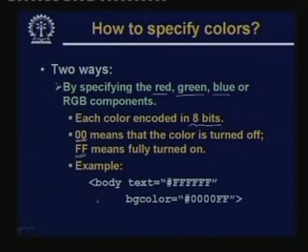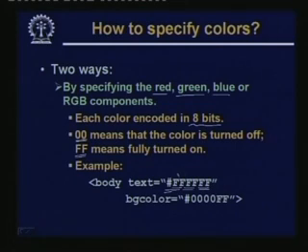When you specify a color in this way, you do it like this: body text equal to, for example, this is a color. The hash sign indicates that you are specifying it in red, green, blue mode. This hash also means hexadecimal. The first two characters mean red, the next two mean green, the last two mean blue.